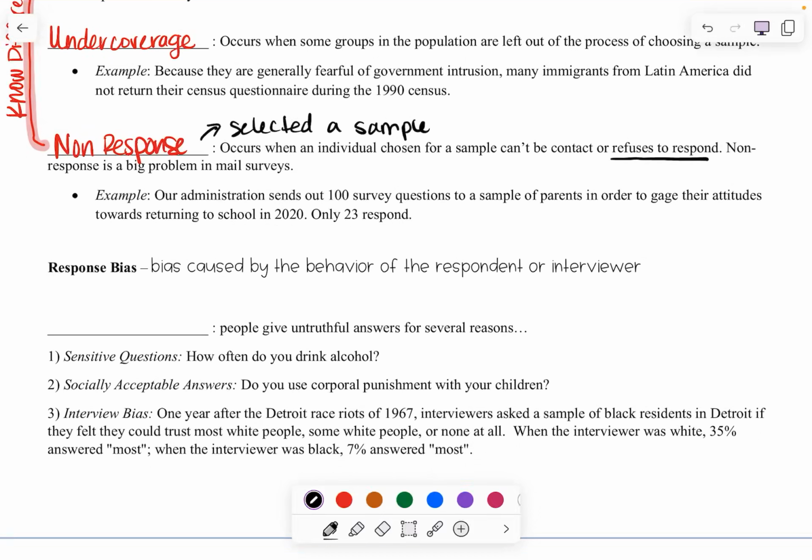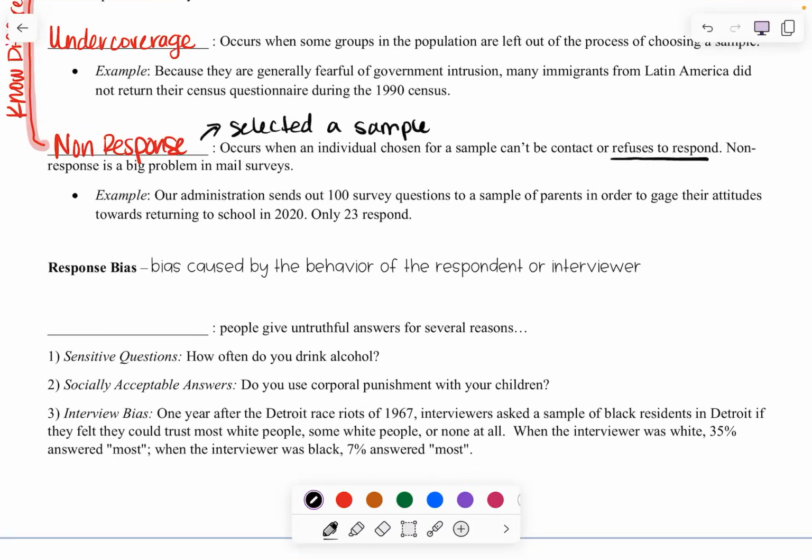You can go in, you can do it again. You can send it to a new sample of 100 people and try to get responses that way, but I can guarantee you they will have questions where, like with cluster and stratified, both of these answer choices are there. And you just need to focus on, did I select a sample? If I did, it's non-response.